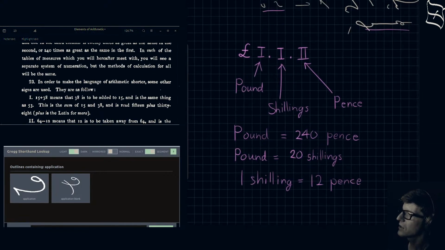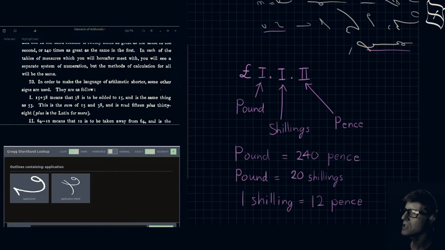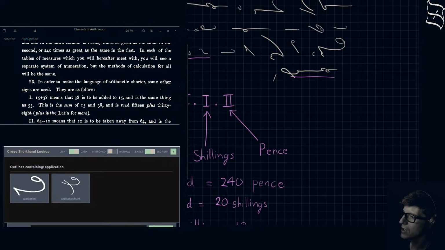So let's take a look at the way that we use money in the United States. So this is the British method. Let's go ahead and make a little note here.